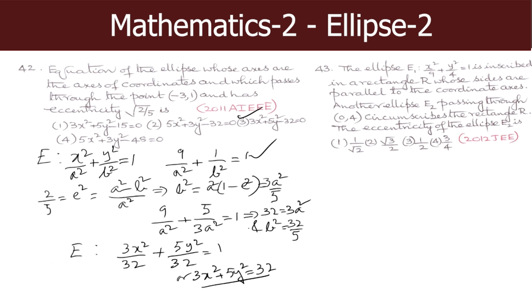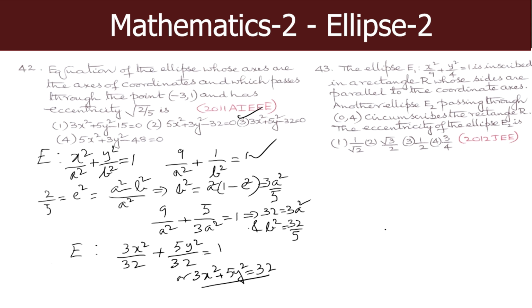And next, the ellipse E1, x square by 9 plus y square by 4 equal to 1, is inscribed in a rectangle R whose sides are parallel. I think this is a question similar to the previous question, but given in the 2012 JEE Advanced paper. Let us try also for practice's sake.